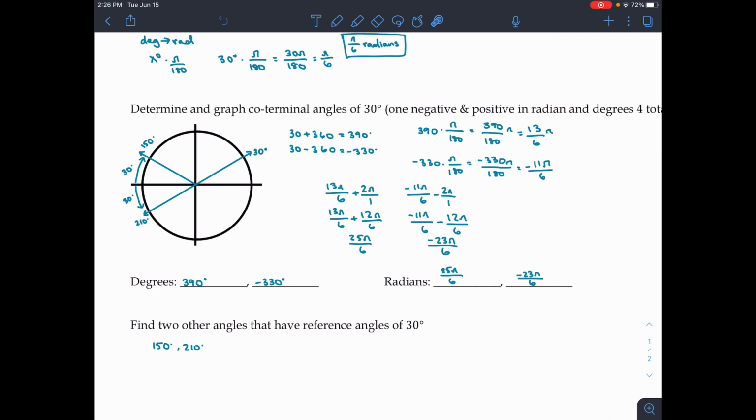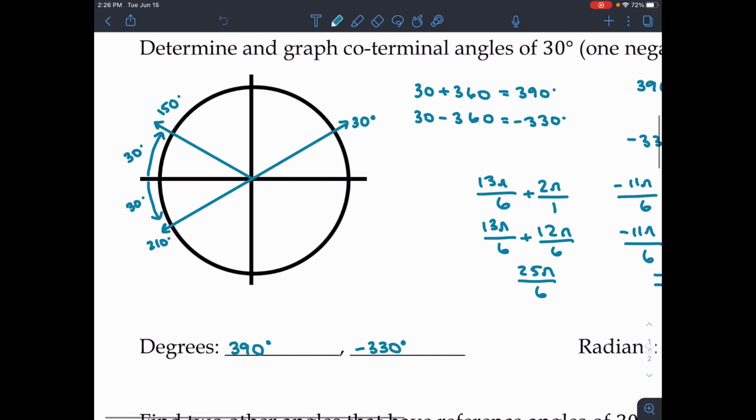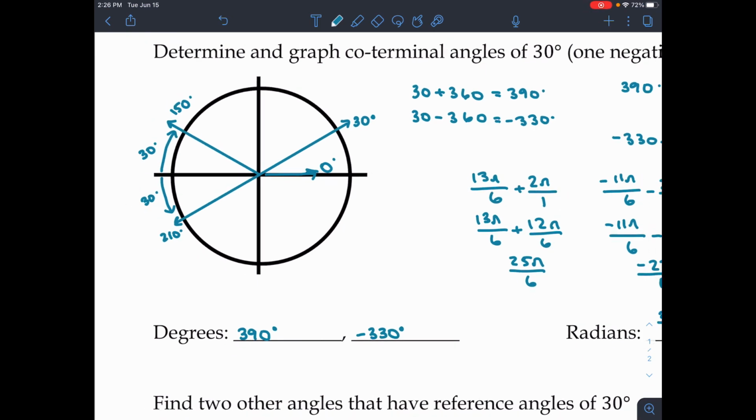To find the coterminal angles, we add 360 and subtract 360 from 30. So we have 390 and then negative 330. When we graph that, we go 360 plus 30, so the end result of 390 would be here, back at the same place, because we added 360.